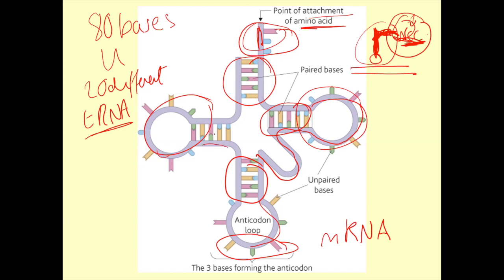This whole cloverleaf, in 2D, we can call a cloverleaf structure. You don't really need to know on your syllabus that it will further fold over to make a 3D structure. But the point you do need to know is there are 20 different ones, and they're specific to 20 different amino acids, folks.